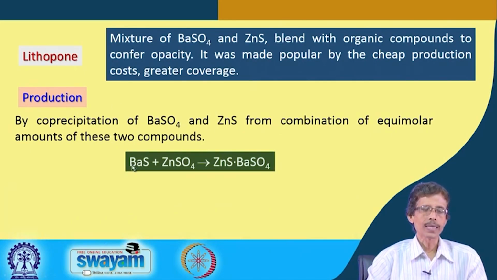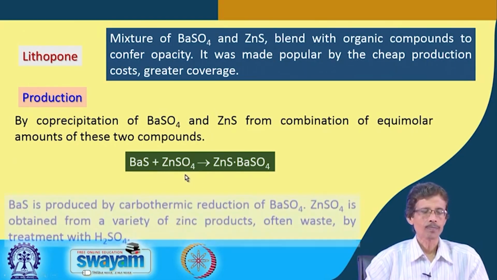The reaction is basically between barium sulfide and zinc sulfate, which are co-precipitated together as a mixed salt of zinc sulfide and barium sulfate. It is not that we mix zinc sulfide and barium sulfate together; in solution we produce them from barium sulfide and zinc sulfate.